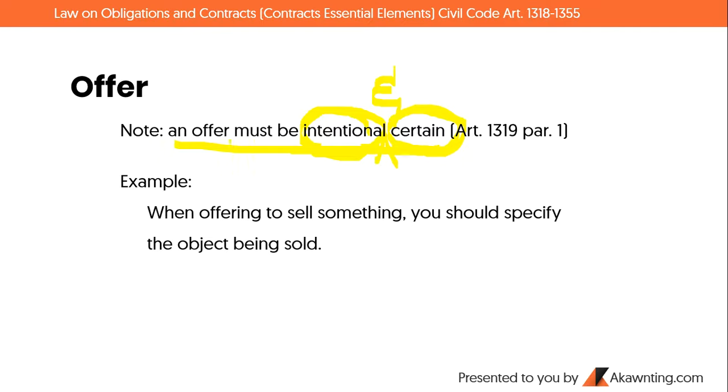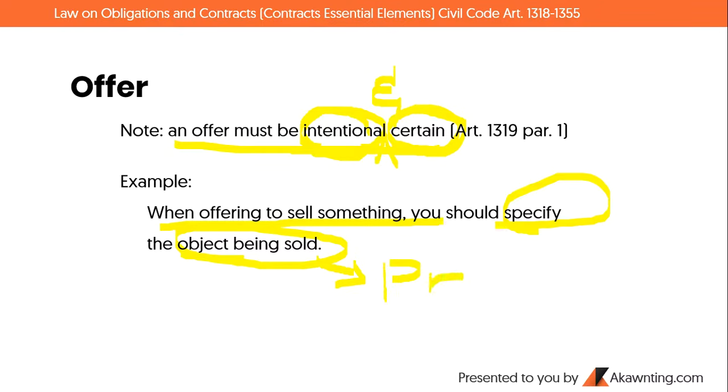So for example, when offering to sell something, you should specify the object being sold. Okay? However, aside from this, kailangan din na certain ka as to amount or the price. Okay? So pag nagbebenta ka, dapat certain ka rin kung magkano mo siya gustong ibenta.